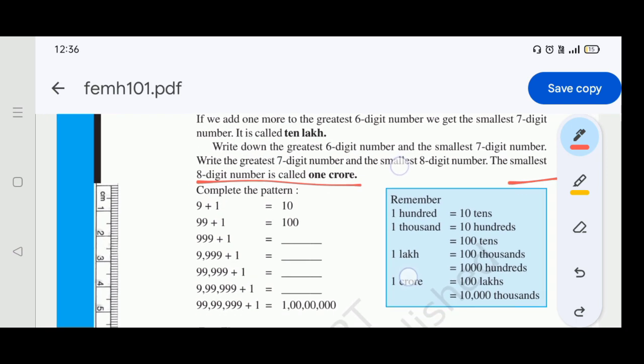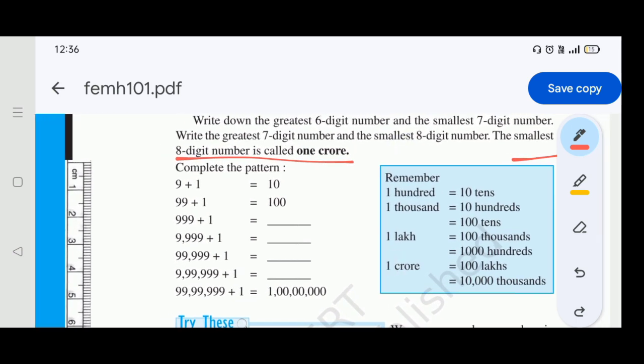Now we have to complete the pattern given over here. We know that 9 plus 1 is 10, 99 plus 1 is 100, and similarly 999 plus 1 is 1000. 9999 plus 1 is 10,000. 99,999 plus 1 is 5 zeros, that is 1 lakh.